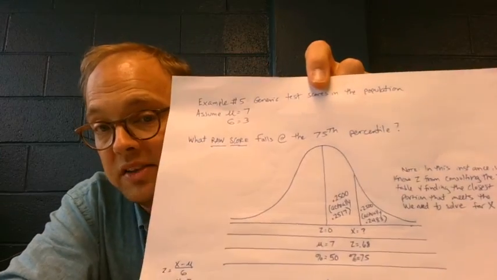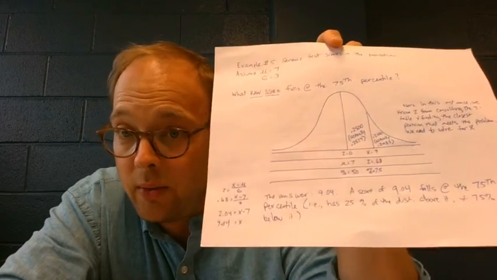Or conversely, in column B, that value would be 0.2517. So which z-score is associated with those areas? A z of 0.68. Now we have a z-score.